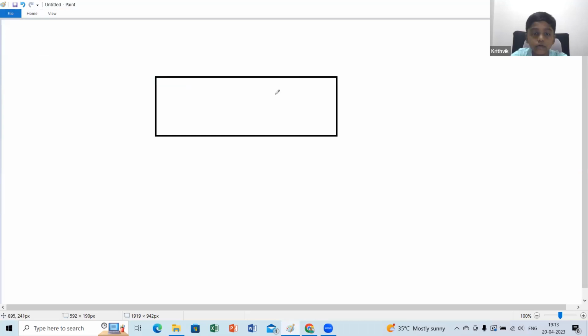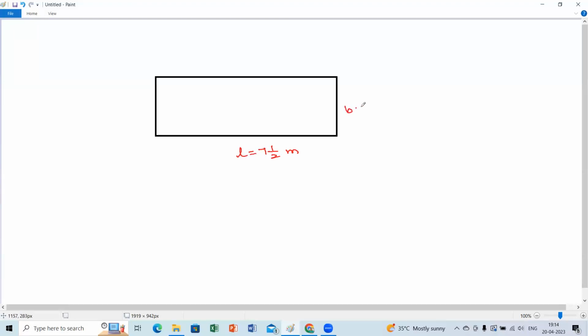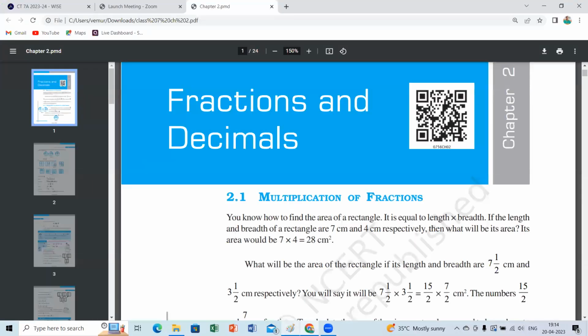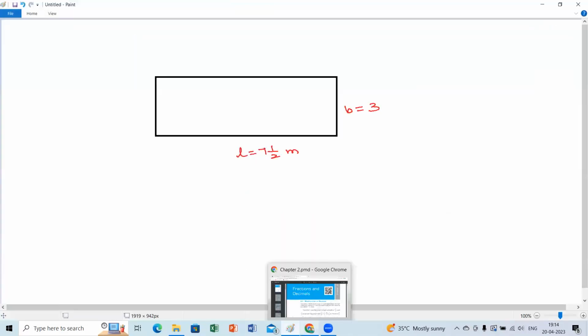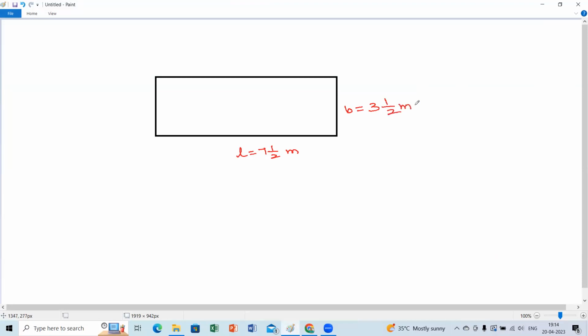Ma'am, 7 1/2. Length 7 1/2 meters, whereas breadth is 3 1/4 meters, or something different they gave. Let me check. 3 1/2. Okay, not an issue. So the breadth is 3 1/2 meters.